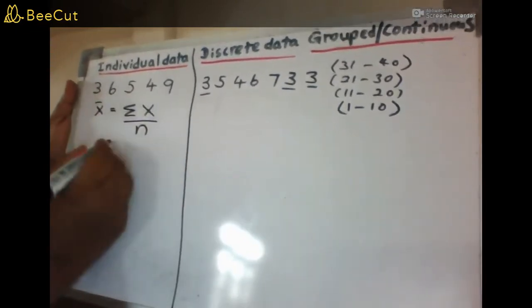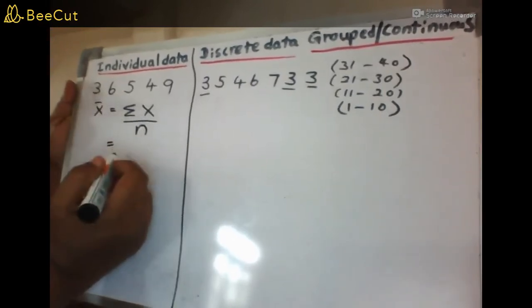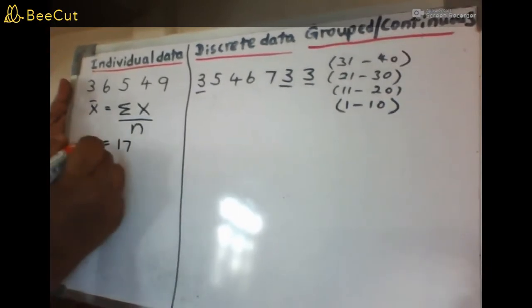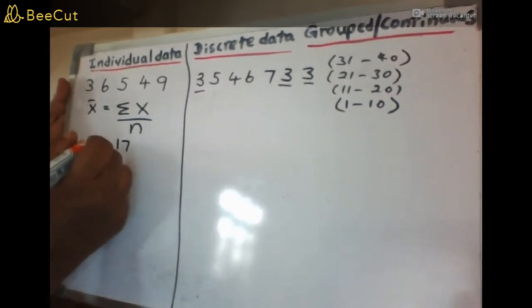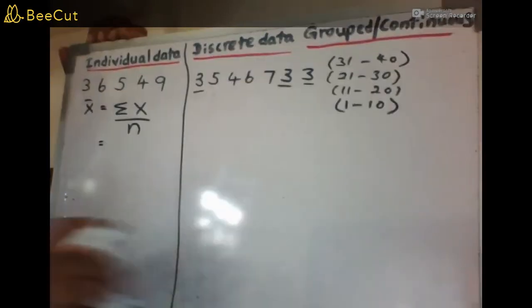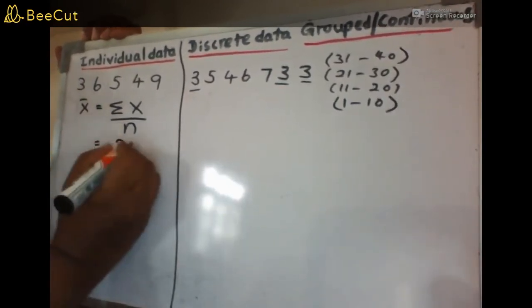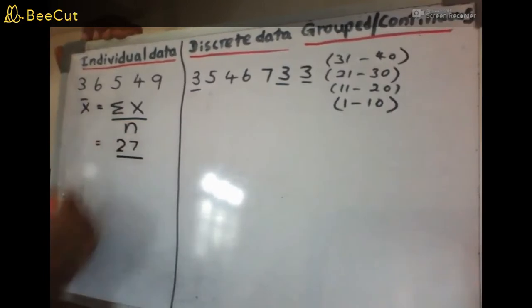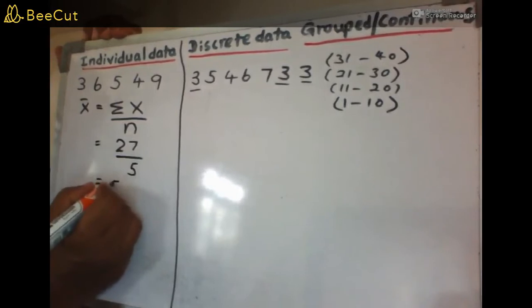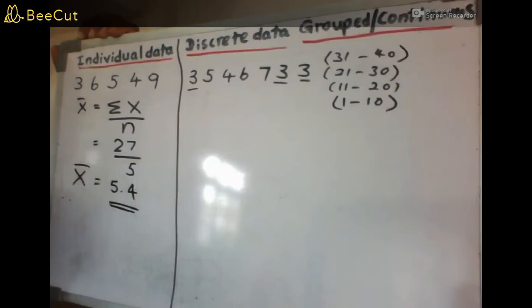Now what's the total of these? The total is not 17, it's 27. Divided by the number of students, here 5. The answer is 5.4. That is our x bar.